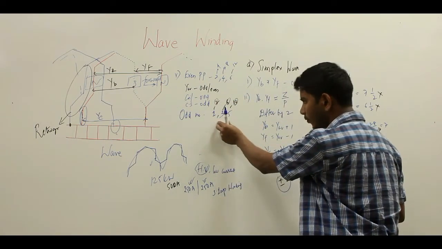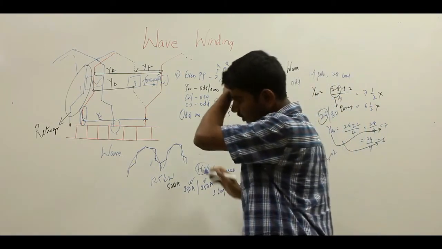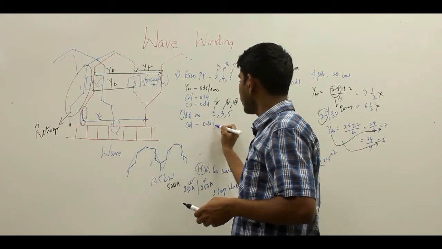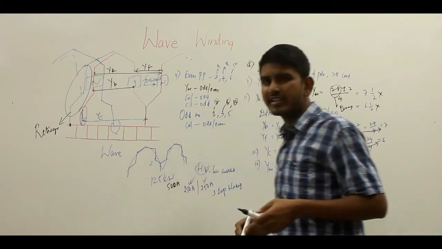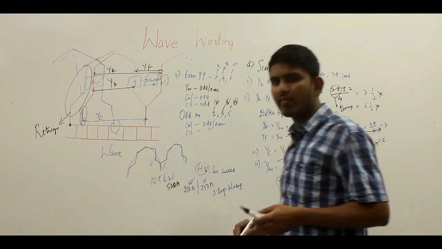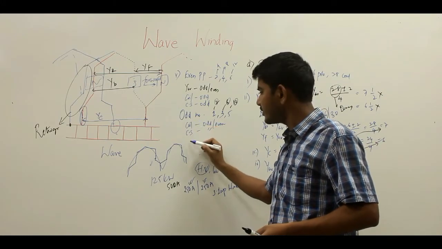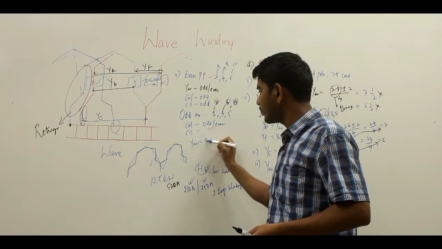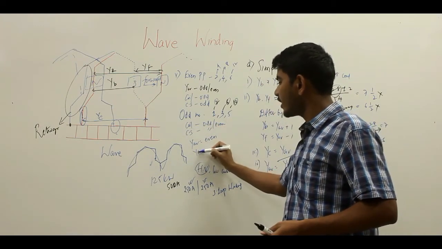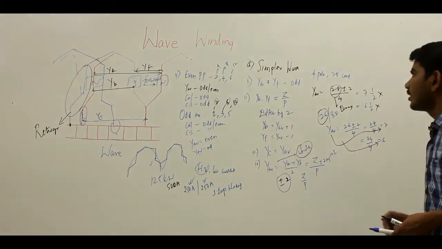For odd number of pole pairs, the number of coils can be odd or even, and the number of commutator segments can also be odd or even. And if you are having an odd number of coils, then your Y average should be even, and if you are having an even number of coils, then your Y average should be odd. So this is about the simplex wave winding.